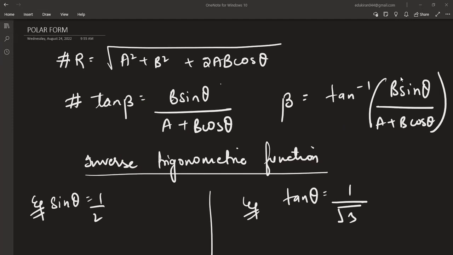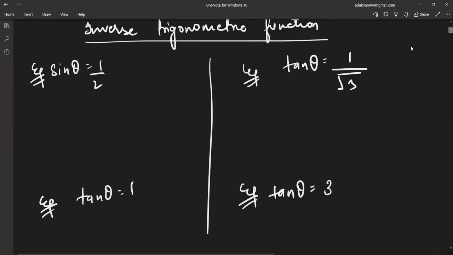Now, how do we write beta? It is known as an inverse trigonometric function. If you have sine theta as half, you already know the value of half, so you will put theta as 30 degree. But if you are not aware of it, you will put this as sine inverse half, and then further you can mention 30 degree.